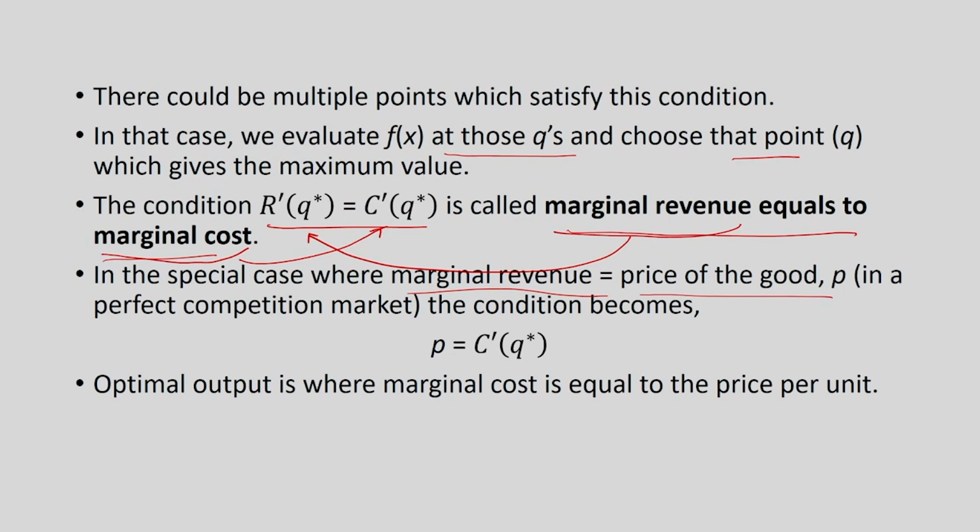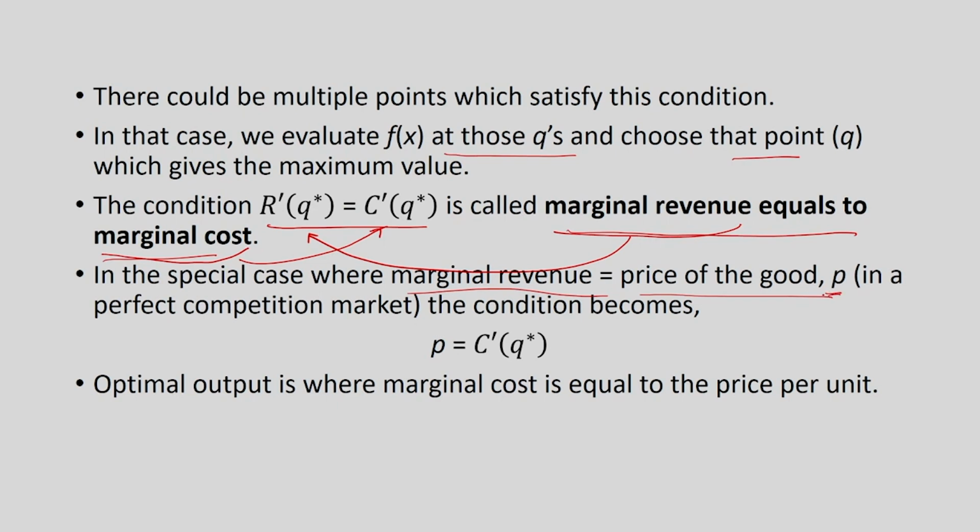The price remains constant. So, the implication is that if a producer wants to produce more, he does not need to reduce the price in order to sell his good. He can sell any amount of commodity at the existing price. So, here the marginal revenue will be constant. It is given by the price of the good, let us suppose, small p.